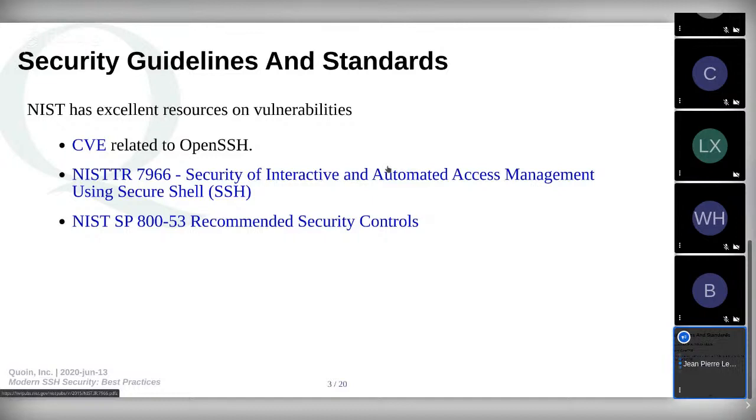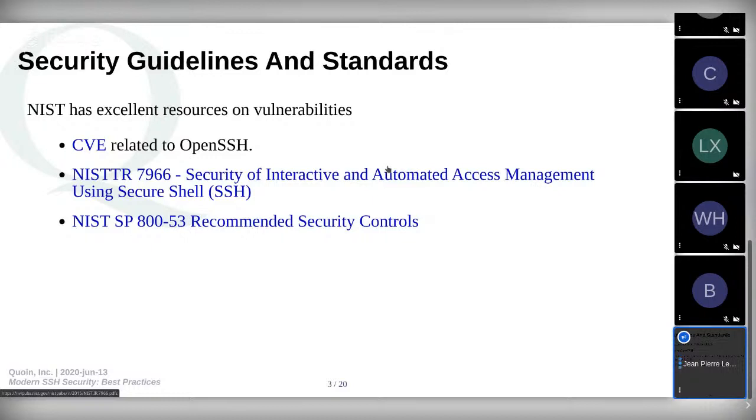So they have a special label for CVEs related to OpenSSH. You can see what's been causing problems. They have a really terrific guide for securing SSH. This is the NIST technical recommendation 7966.